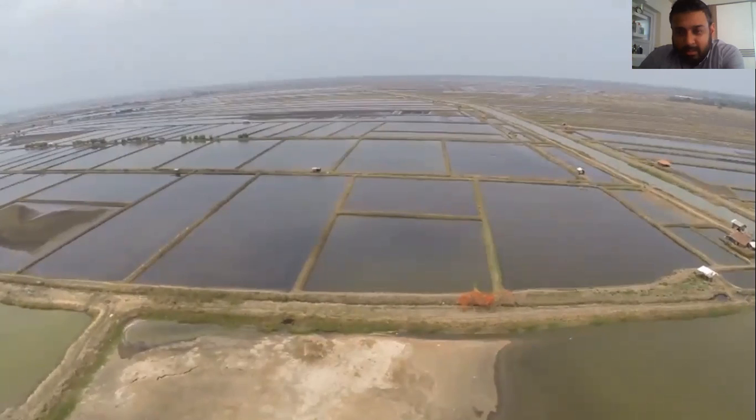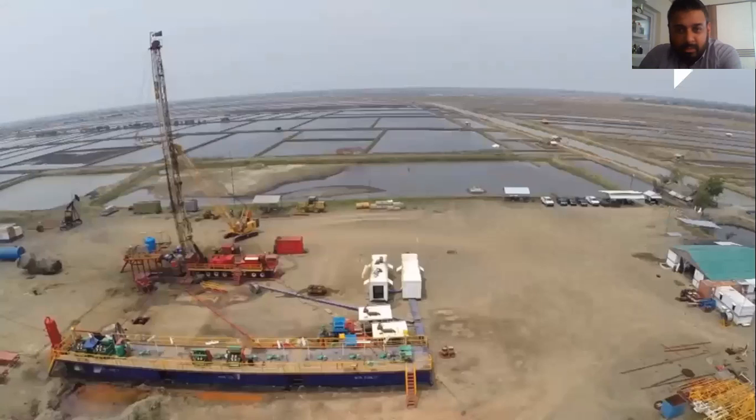And one of our jobs as a petroleum engineer is to drill the oil wells. So drilling engineering is one of the major domains that petroleum engineers cover.